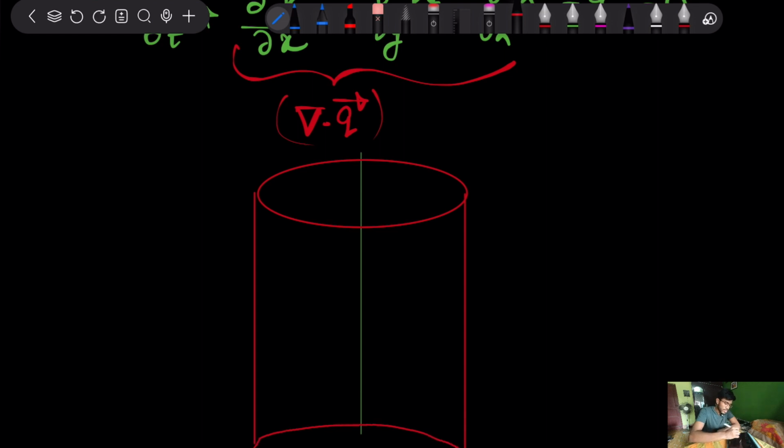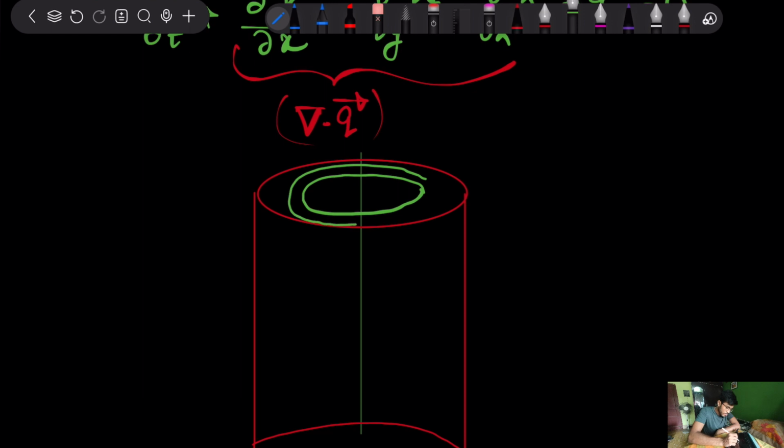Let me draw it by freehand. Okay, it is done. So now your control volume will be like this. It will be a strip of a cylinder, an elemental strip.